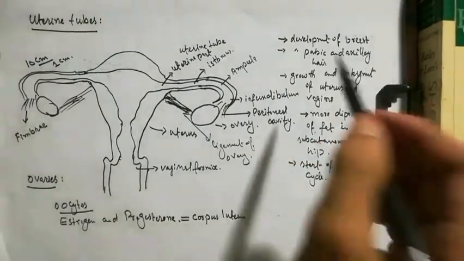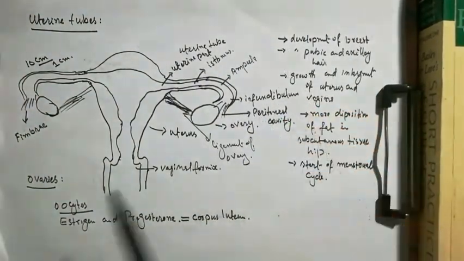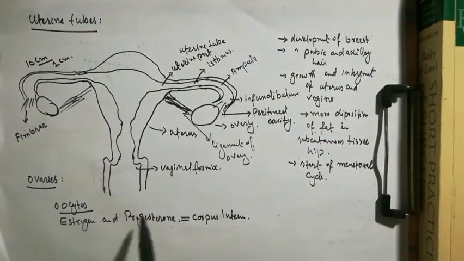These are secondary sexual characteristics which develop at puberty due to production of these hormones. What is the difference between primary and secondary sexual characteristics? Primary sexual characteristics are present at the time of birth, while secondary sexual characteristics develop at puberty.